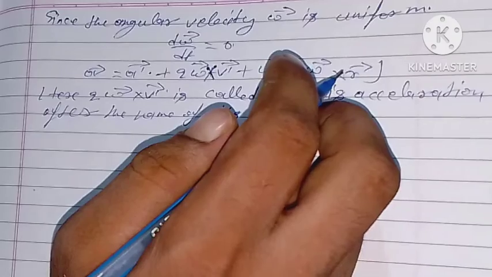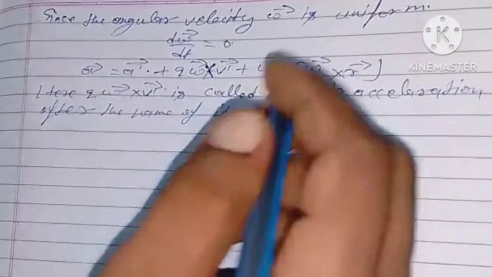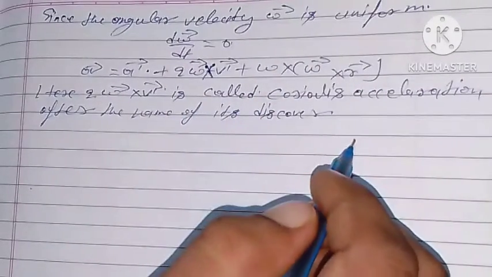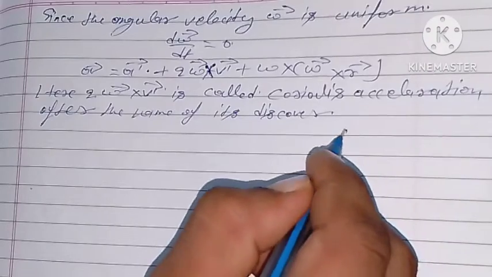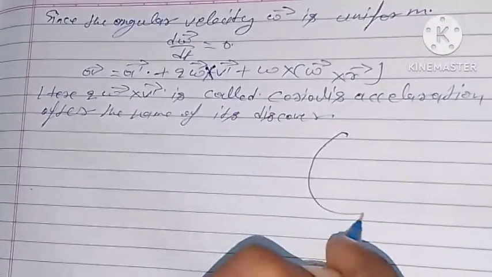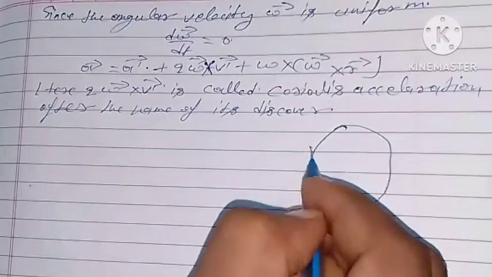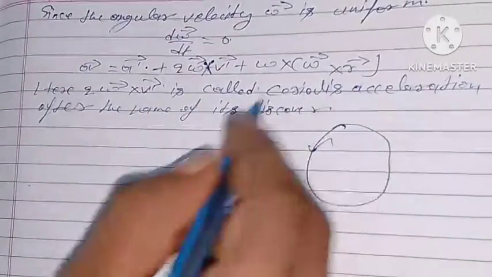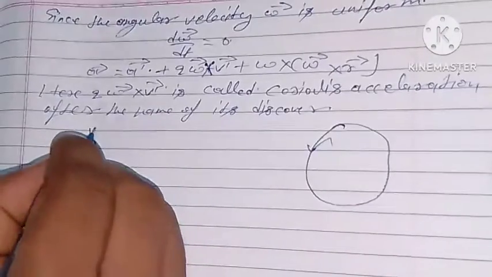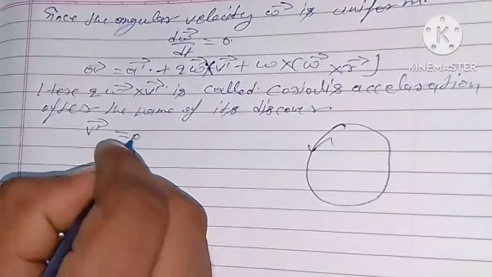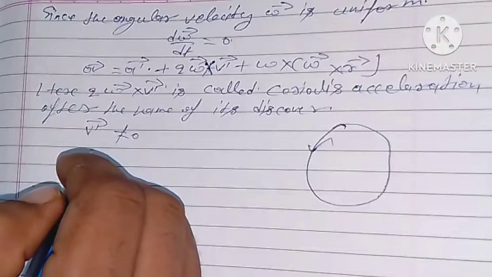The term appears only when the particle moves in a rotating frame, so vector v dash is not equal to 0.